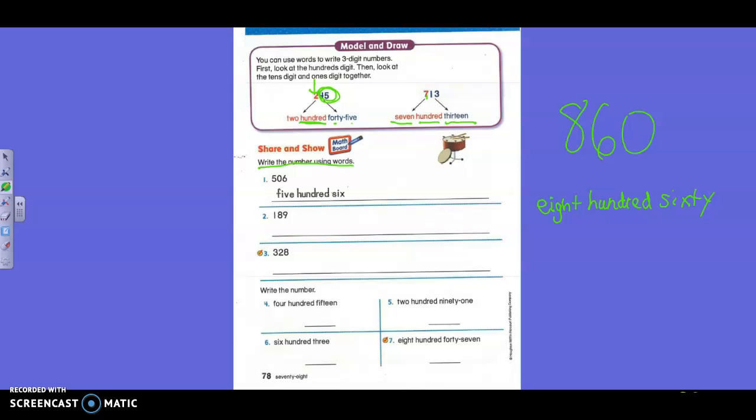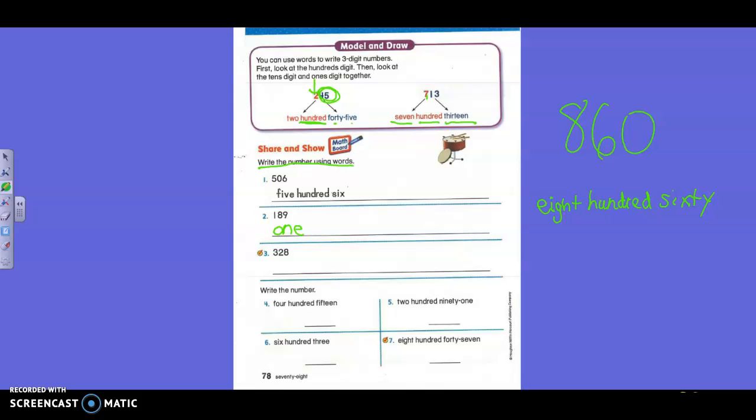Are you ready? Okay, so what's my hundreds? How many hundreds do I have? 1. Okay, how do you spell 1? O-N-E. Okay, write that. 100. Okay, I already have it on the board. Okay, where do we look for the word 100?